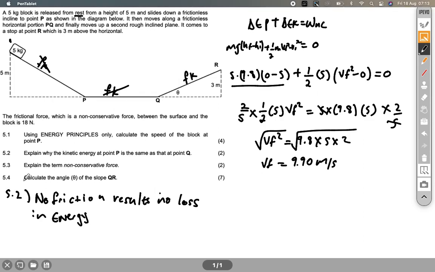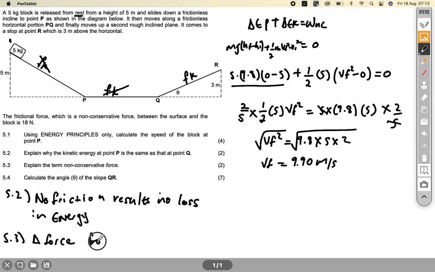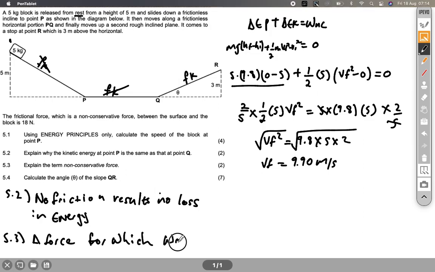5.3, explain the term non-conservative force. Okay, so a non-conservative force is a force for which work done is dependent on the path taken.